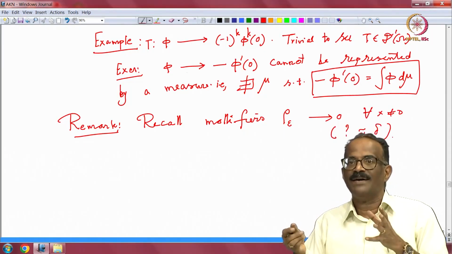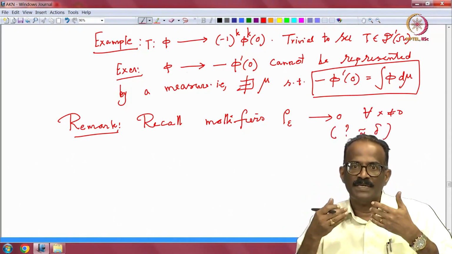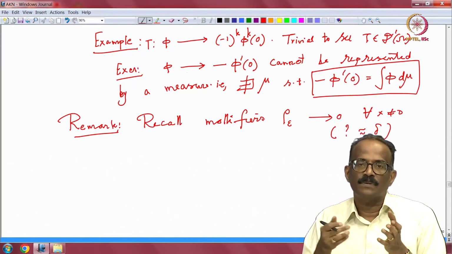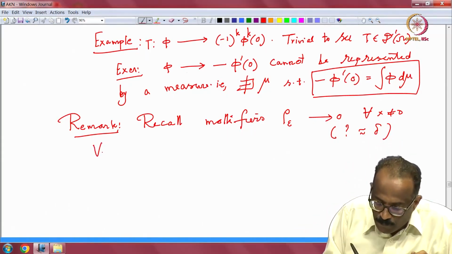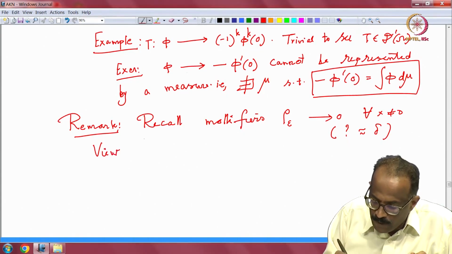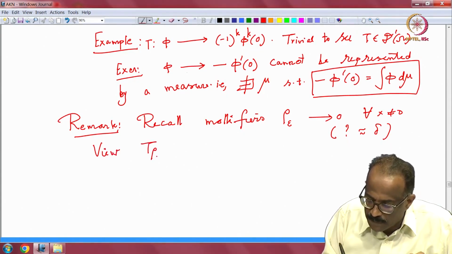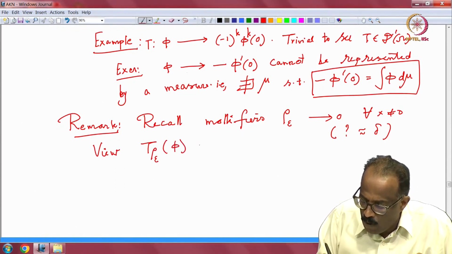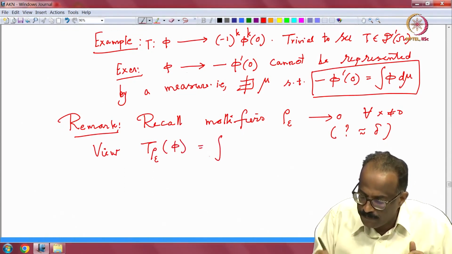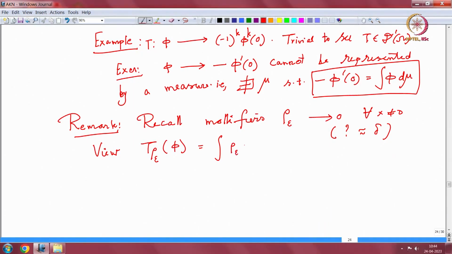Yes, the initial motivation is that delta is zero except at one point. Now view it as a distribution, T_{ρ_ε}. What is T_{ρ_ε} of φ? It is the integral of ρ_ε(x) φ(x) dx, in R.